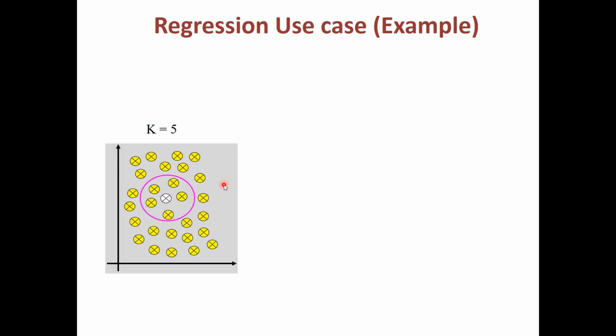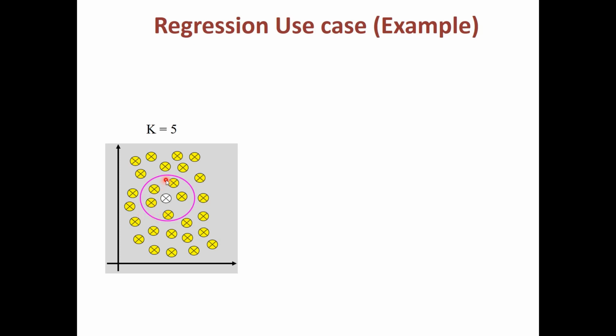KNN can be used for classification as well as regression tasks. We know that in a regression task the output has continuous values. Our task in regression is to assign a particular value to this test data point. In this case, these yellow data points may have any continuous value like 11.1, 11.2.